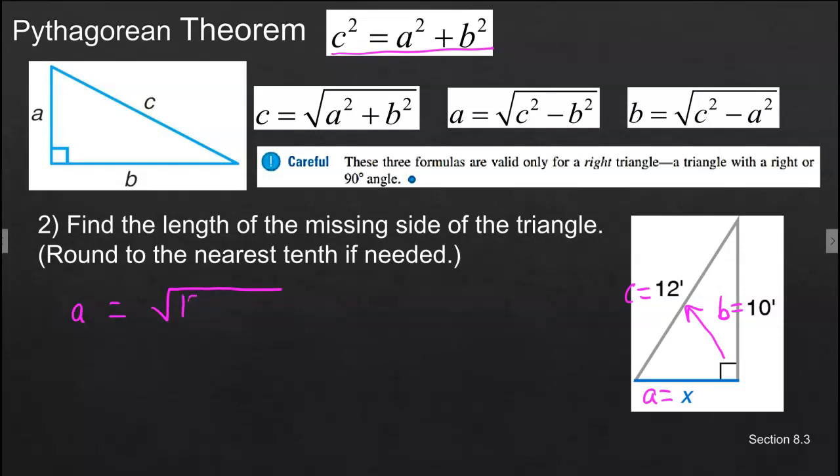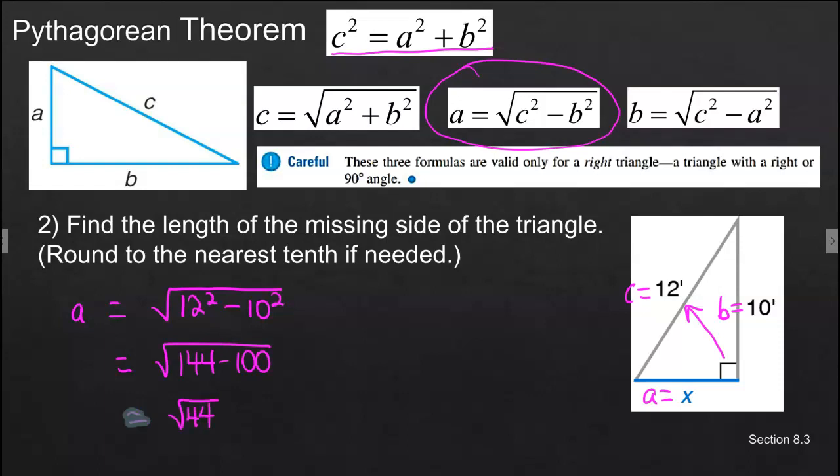So we have C squared minus B squared, right? So we're using this form of the formula. And that gives us 144 minus 100, the square root of 44. That wasn't really supposed to be a wavy equal sign, just a regular one.